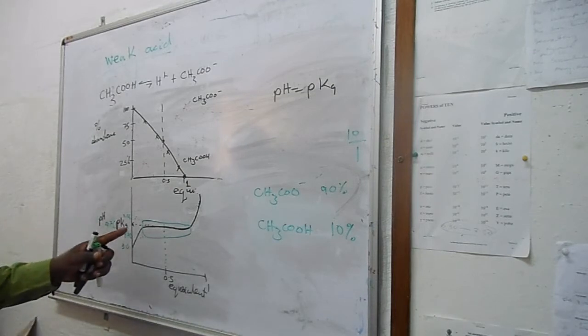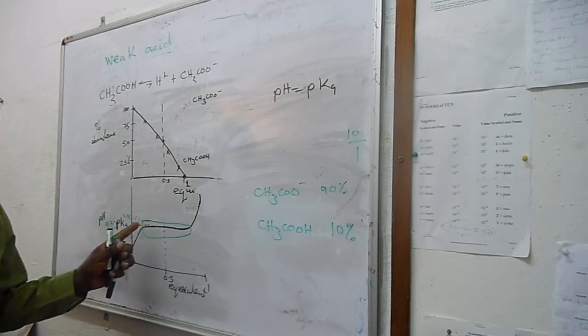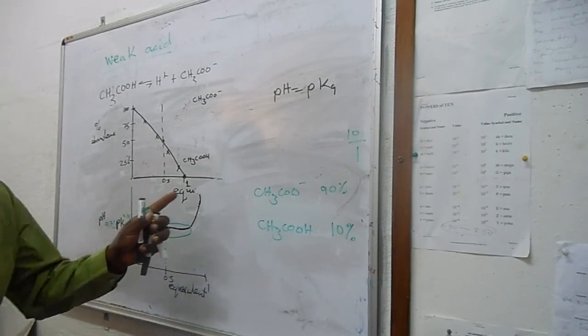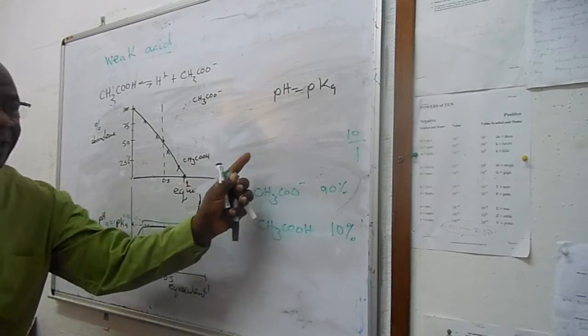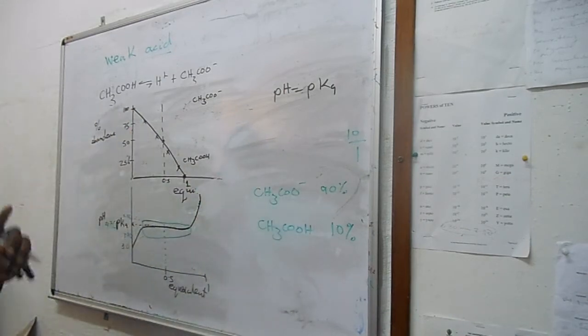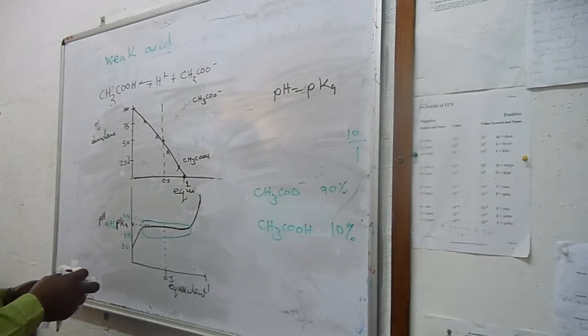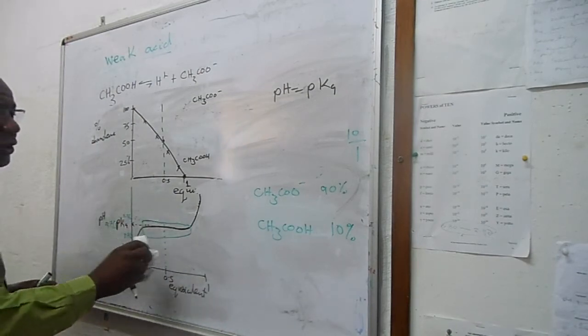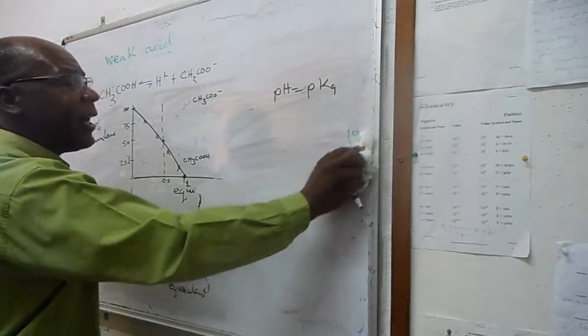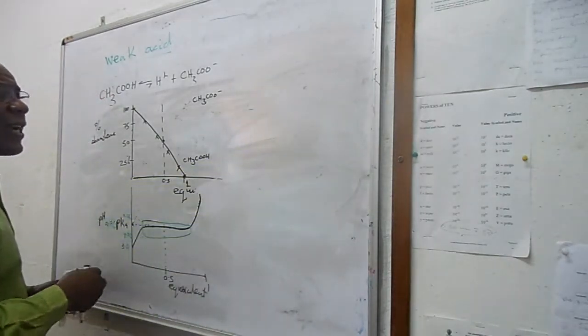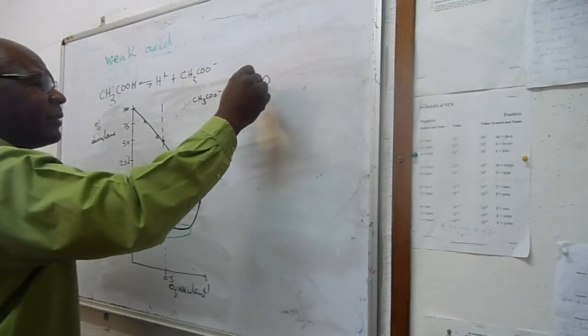If we were to add an acid, still the pH will not change much because there is enough base to neutralize the incoming acid. Okay, so in this region we say that acetic acid is acting as a buffer.